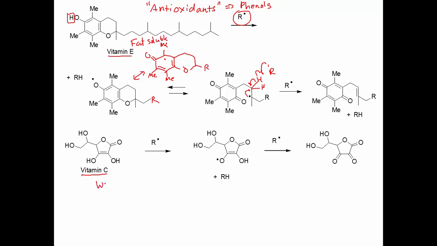And this is water soluble. Okay. All right, so you can pull a proton off here and pull another proton off and generate this one, and this has also removed the radicals from the system.